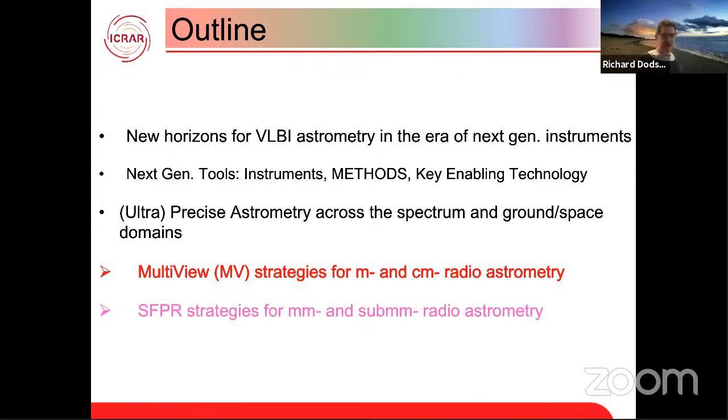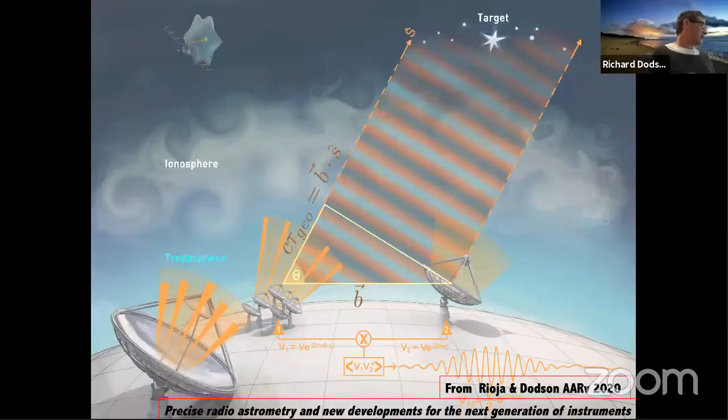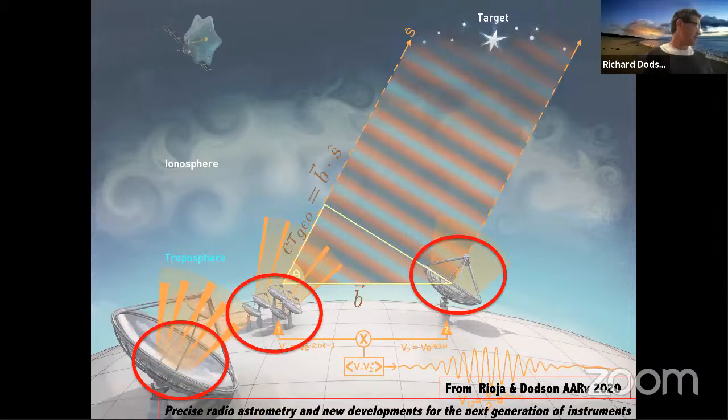This is a sketch from our review where we've tried to capture everything, starting from a single dish of a moderate size connecting to a large dish, a tied array, instruments, space VLBI. PowerPoint is using my last practice of this talk to do the transition, so I'm losing control. So apologies for that.